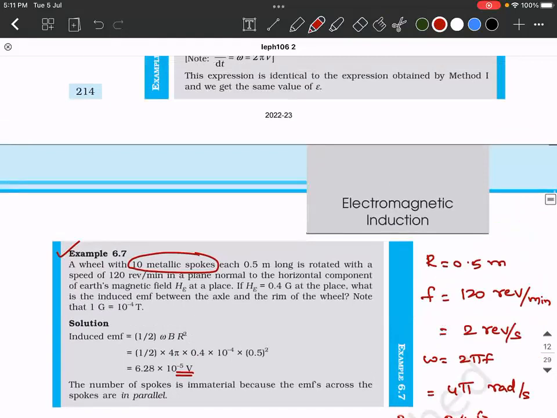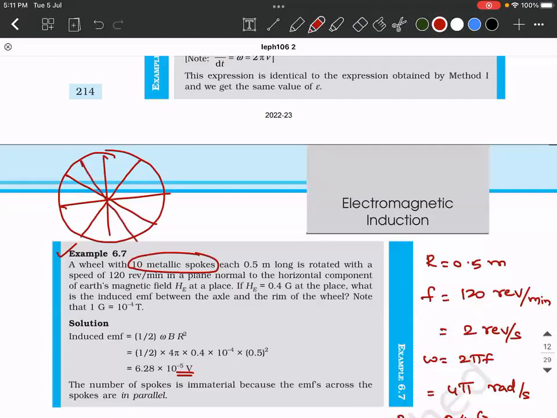Because if you take this spoke, it will be something like this. So you have 10 spokes like this, right?